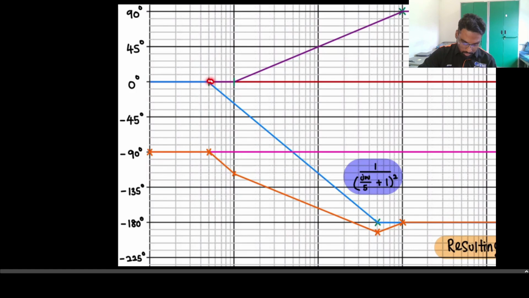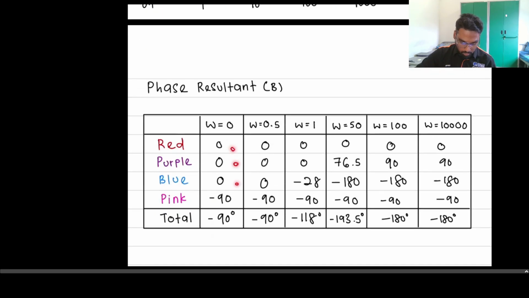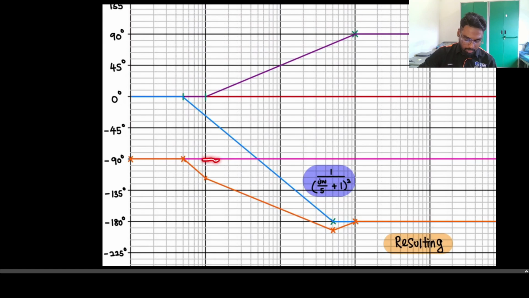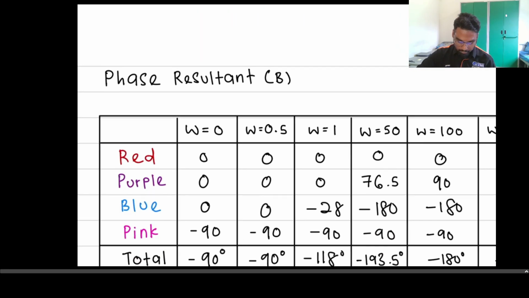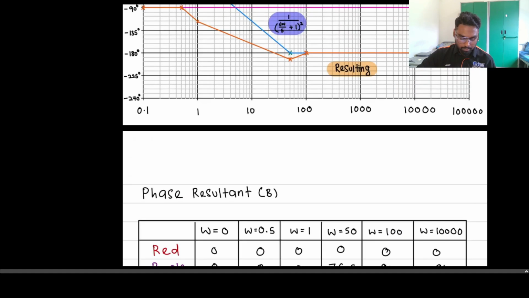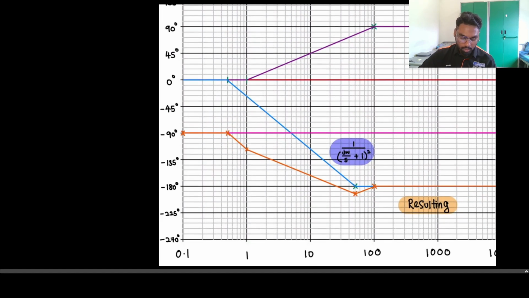Here there are 3 lines: the gain, the simple 0, and also the simple pole. So 3 lines are intersecting at 0 angle, which we will input here, and also 1 pink line that is intersecting at negative 90. Doing this, we will obtain the data of negative 90, which will be the next coordinate at 0.5 omega.